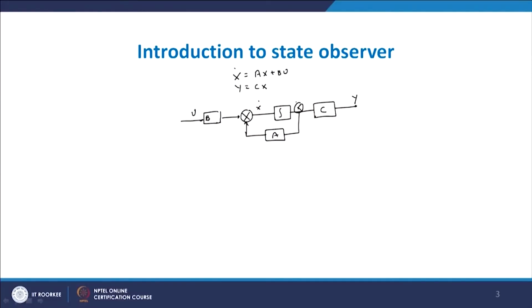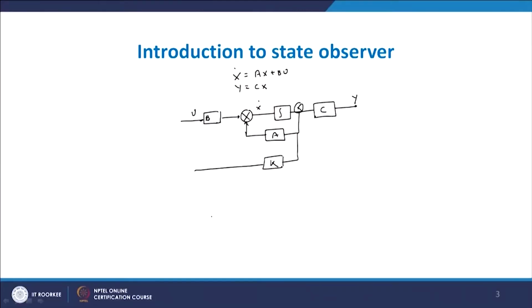Now when we talk about controller design, controller design in state space is with respect to the state. Here this is the state x, and this state has to be controlled. But it may be possible that the state x can't be measured.